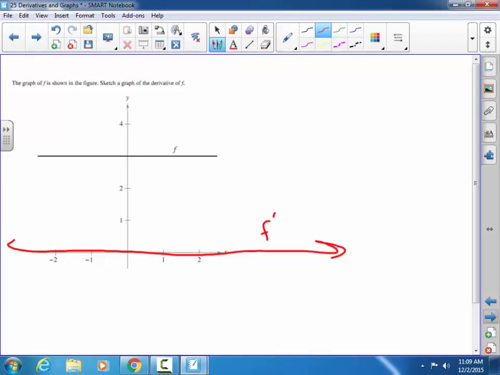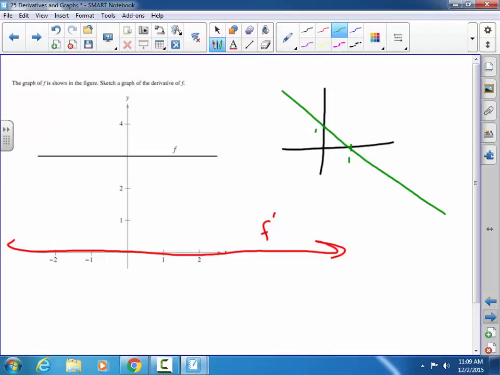Now, let's take a different scenario. What if to begin with we had a line something like this? Maybe that's 1, maybe that's 1, and we've got just a line going through that. What would be the derivative of that? Can you be a little bit more specific since you know it goes through these 2 points?